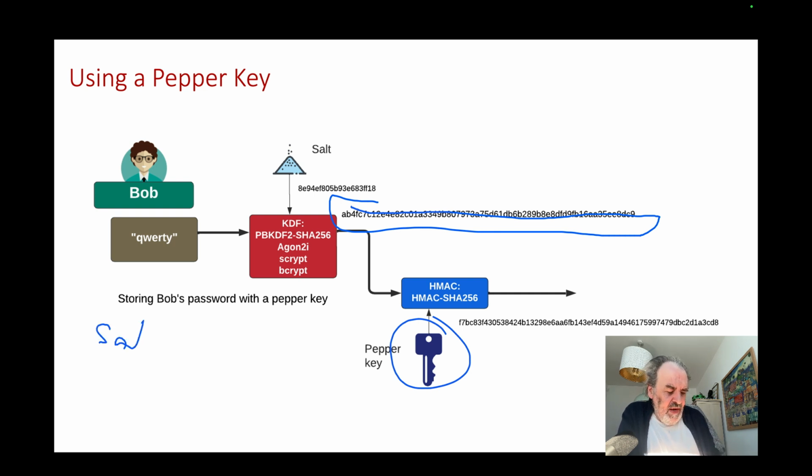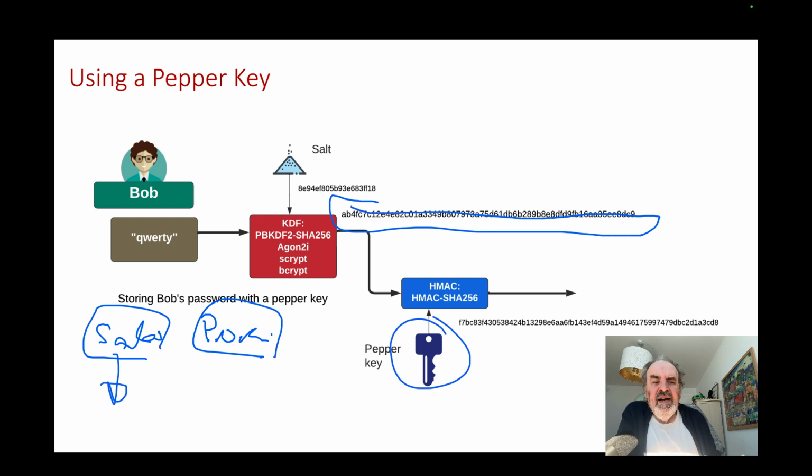For example, we could have a number of pepper keys, sales, production, and so on, and then all of our passwords, say in the sales department, would have an additional pepper key added to the hashing process that related to sales, and we would have to use that value for all of our passwords in that domain. And then in production, we would use another domain key for that one.